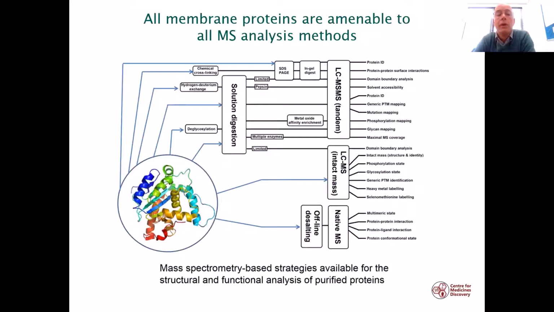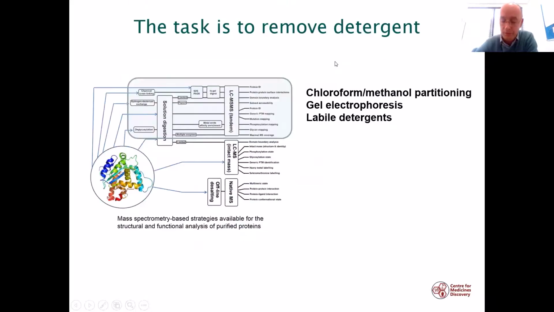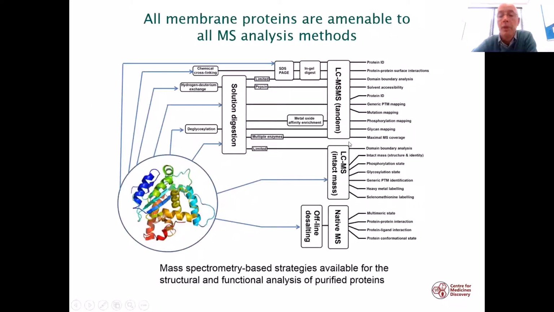So, all membrane proteins are amenable to all mass spec analysis methods. This slide shows you some of the methods you can use for protein analysis. I've grouped them into three. We have bottom-up tandem MS-MS methods, top-down intact mass methods under denaturing conditions, and native intact mass methods.